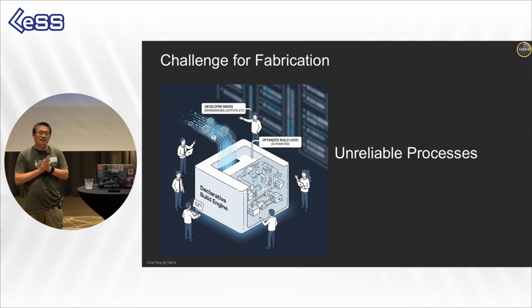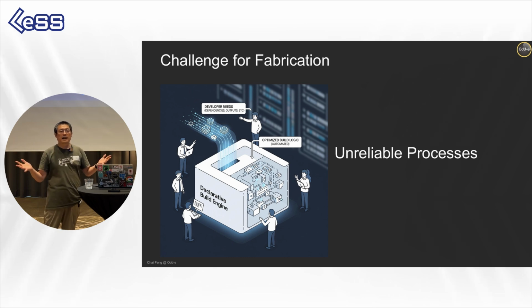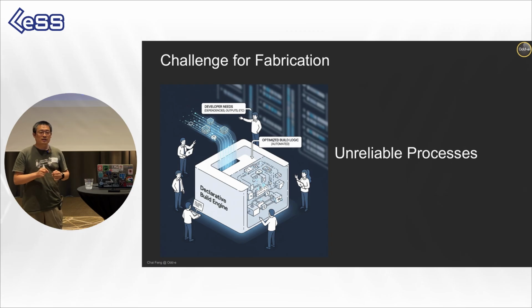The key is to avoid letting developers write the build logic directly. Instead, we treat the whole build system as a proper software production. We build a simple declarative DSL so developers can easily declare what they need, not how to build it.